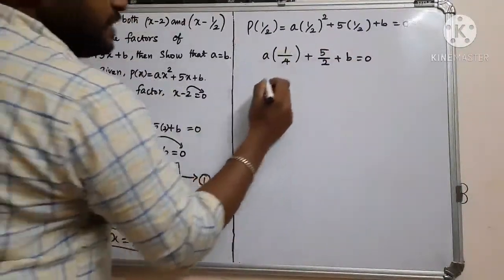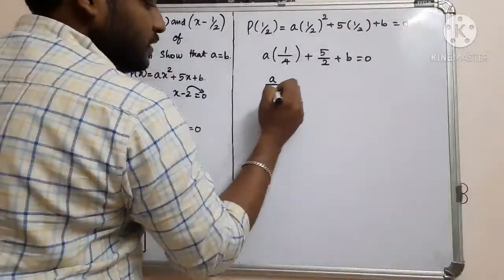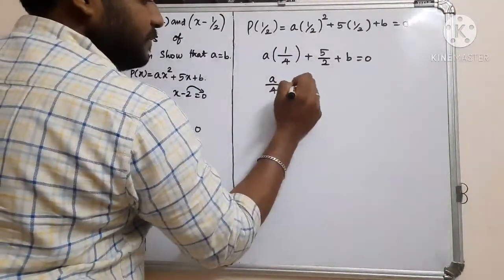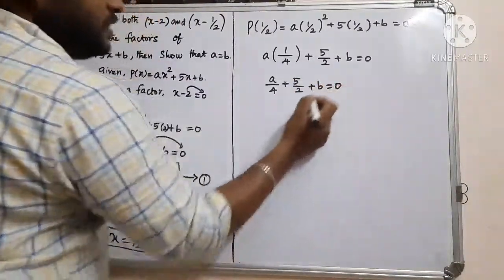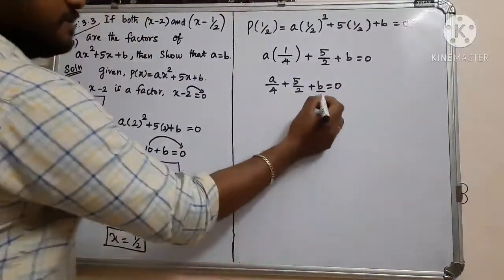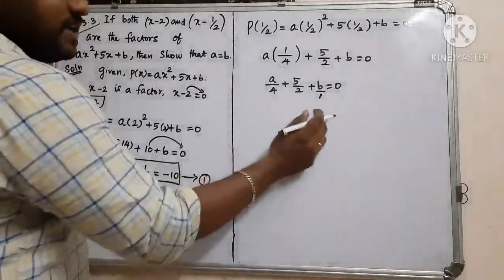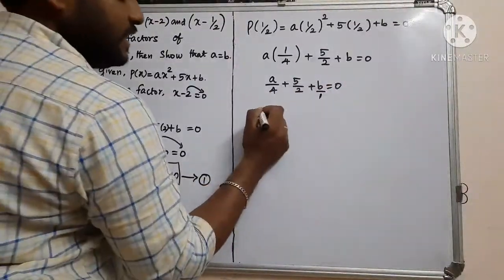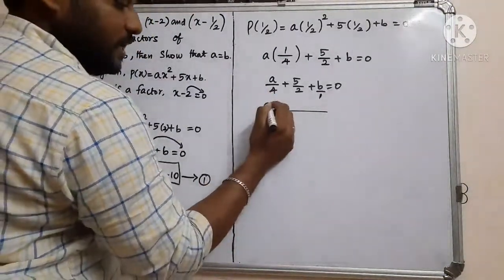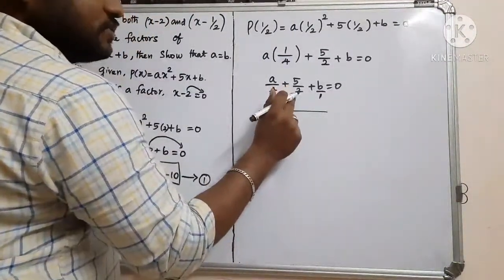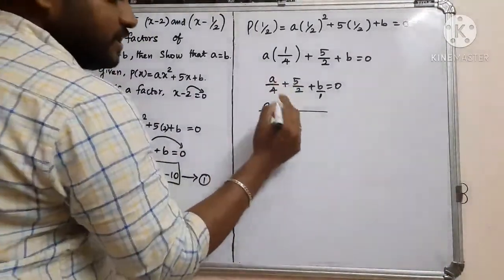So 1 into a by 4 plus 5 by 2 plus b is equal to 0. Now the denominator remains 1. So now we have two different denominators in addition. So we have to take LCM. So common denominator is 4. Here already 4 is there. So a plus, here 2 only is there, so we have to multiply both numerator and denominator with 2.